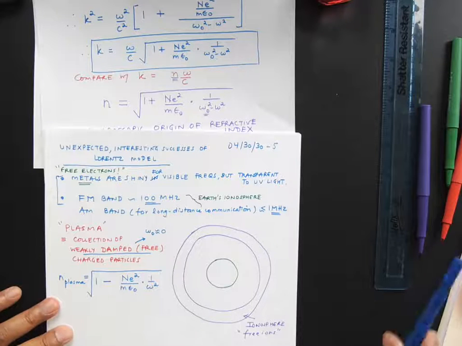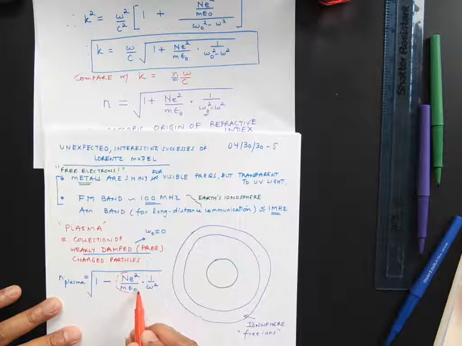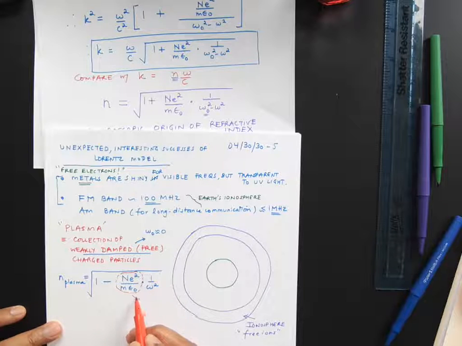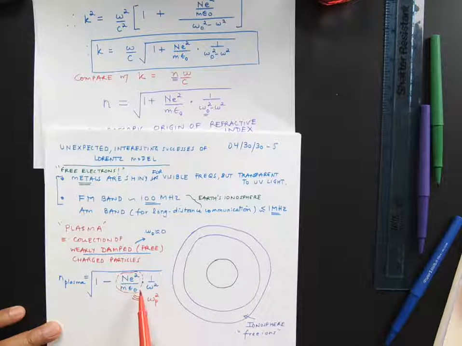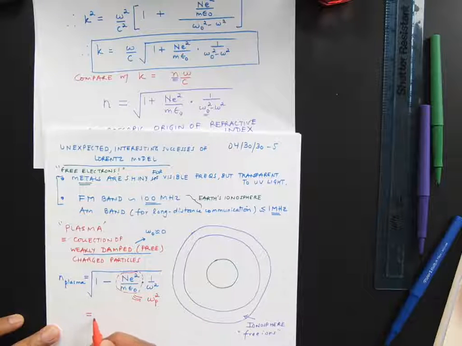And what people do is that they'll take this term right here, because you know that this has to have the dimensions of frequency squared, they call it the plasma frequency squared. So plasma frequency squared divided by omega squared, that's dimensionless as it should be, and then 1 minus that is your refractive index of the plasma. So this refractive index of the plasma is written as 1 minus omega plasma squared over omega squared.